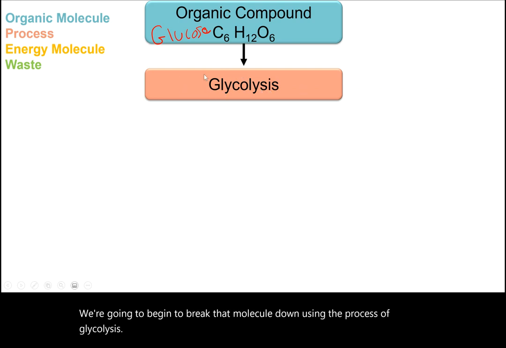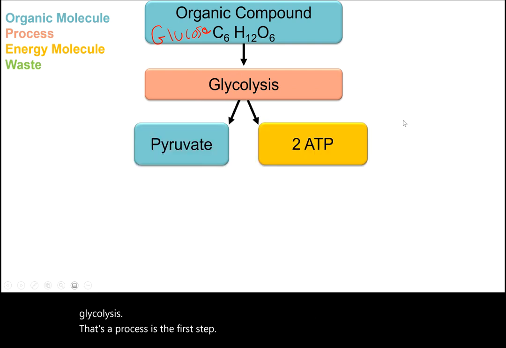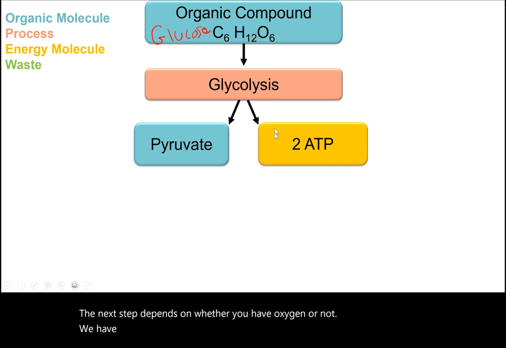That's a process. It's the first step. Now, the next step depends on whether you have oxygen or not. We have 2 products from glycolysis. We have pyruvate, which is another organic molecule, and we have 2 ATP, which is an energy molecule.